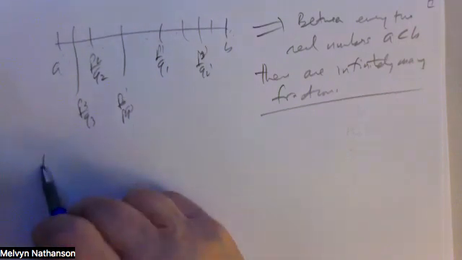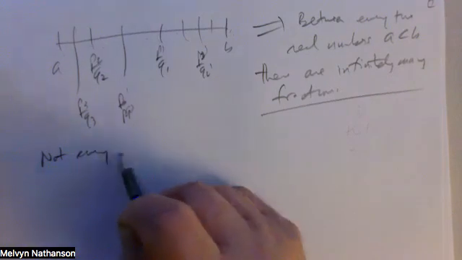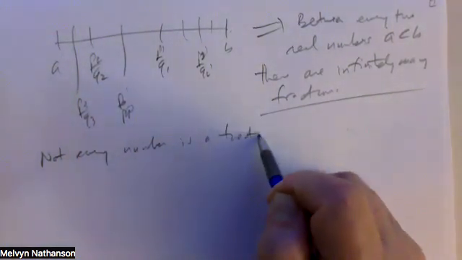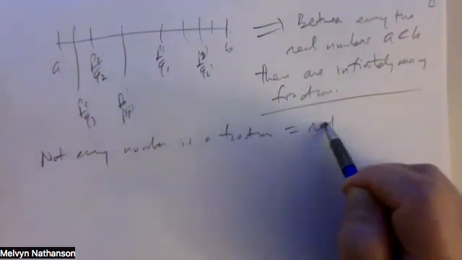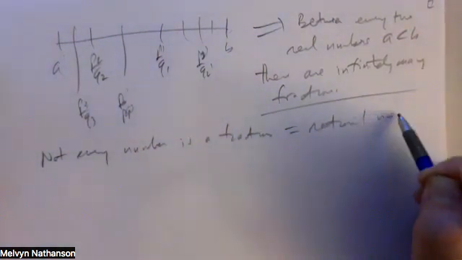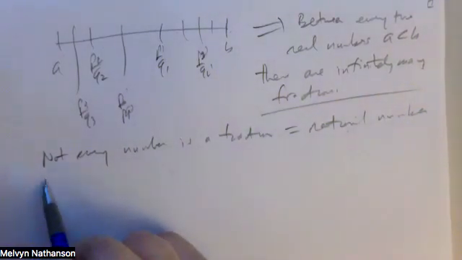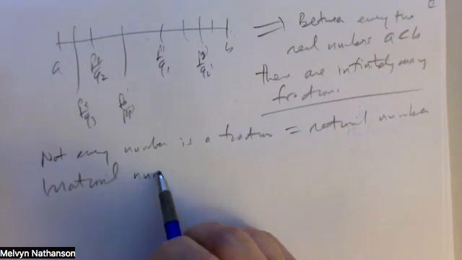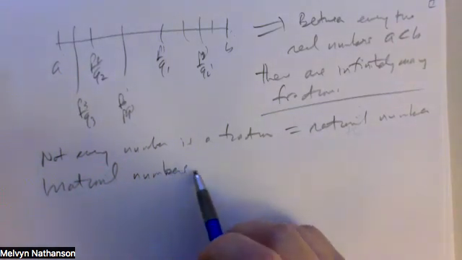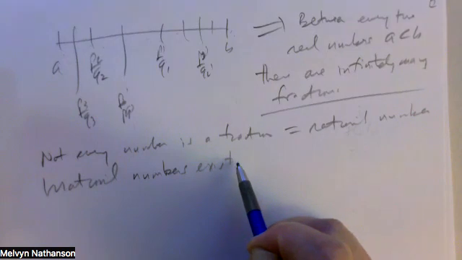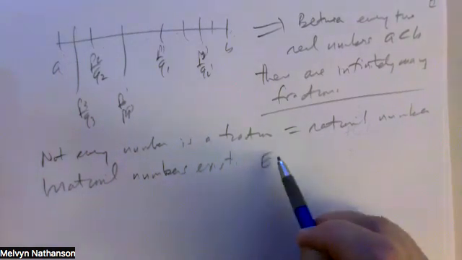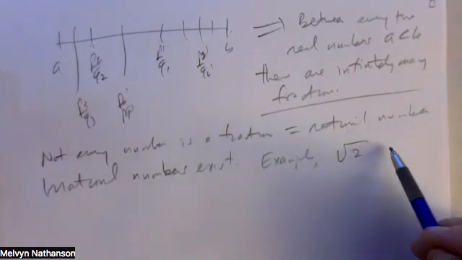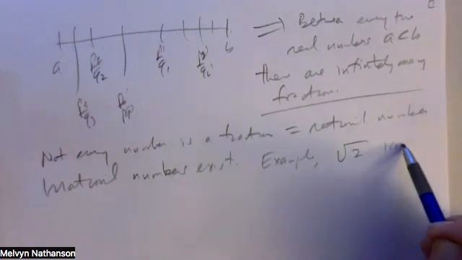We know not every number is a fraction. Another word for a fraction is a rational number, right? We know irrational numbers exist. For example, square root of 2 is irrational.